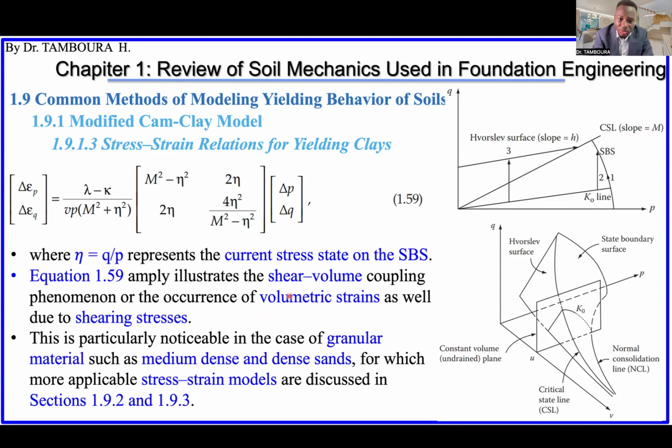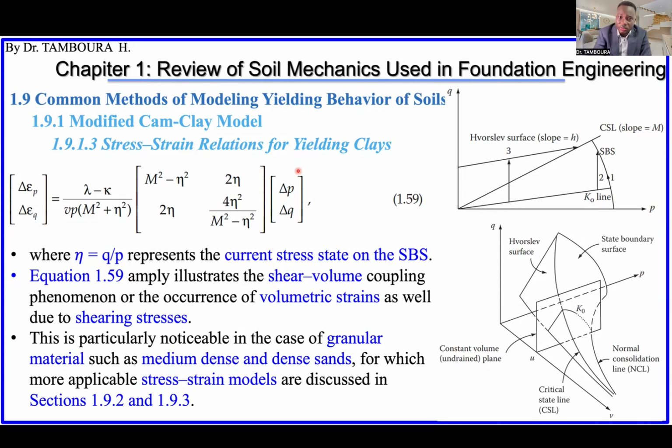This situation is noticeable in the case of granular soil, for example medium dense and dense sand, and we will discuss this in the following sections, 9.2 and 9.3. As you can see, we are on 9.1, which is for clay, the fine soil. In the next video we will talk about the relationship and model appropriate for granular soil.